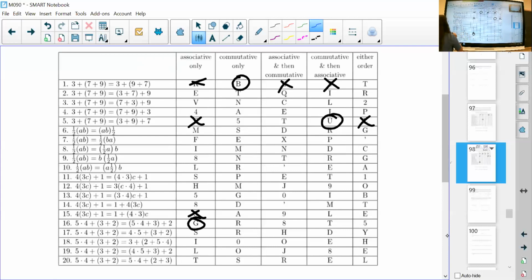Let's see, 4 times 3c plus 1. Well, I could put my 1 at the beginning, right? So I think of commutative property. Sometimes I draw a little, I think of them as boats. They're swapping positions. So I have 1 plus 4 times 3c.